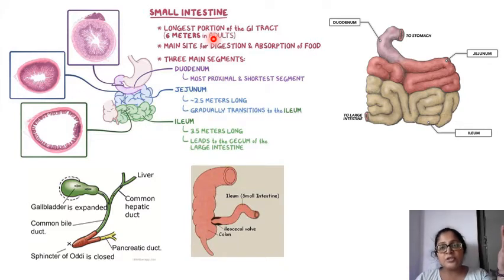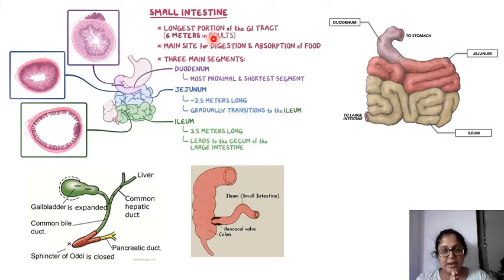So at one end you have the stomach with the pyloric sphincter, and at the other end the large intestine. On average it is 2.5 centimeters in diameter and 3 meters long in a living person.